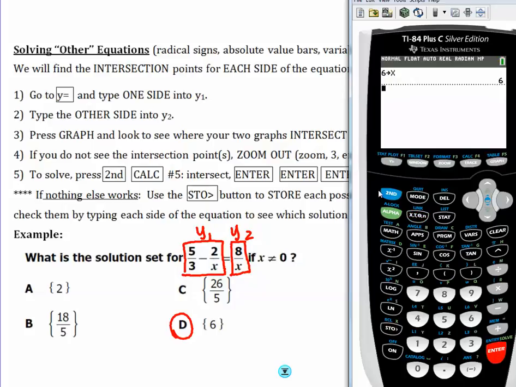Then type in the left side of the equation, fraction 5/3 minus fraction 2 over x, and I get the answer 4/3. So now I'm going to type in the other side of the equation and see if that also gives me 4/3. And it does. So 6 is the correct answer.